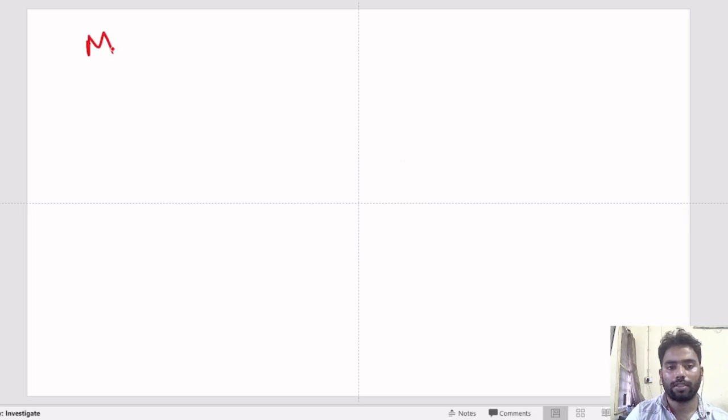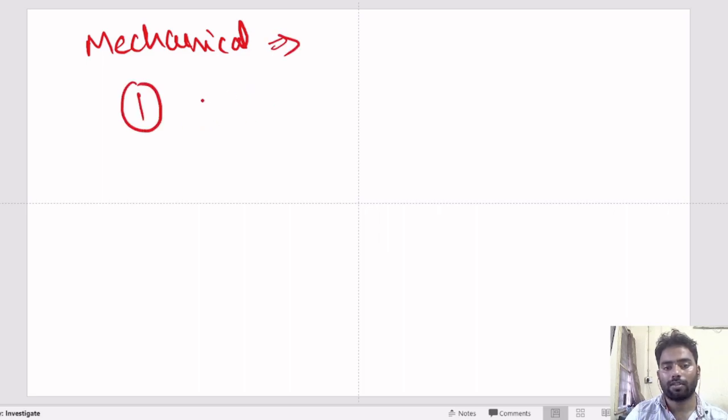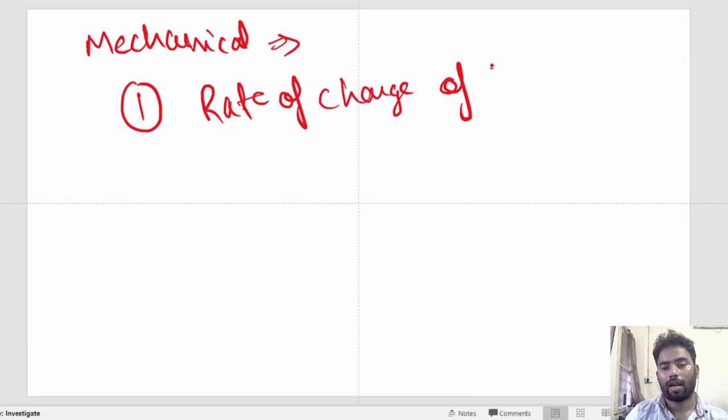So let's see what the different forms of the mechanical energy and the thermal energy can be. If we talk about the mechanical energy, there is the rate of change of kinetic energy.